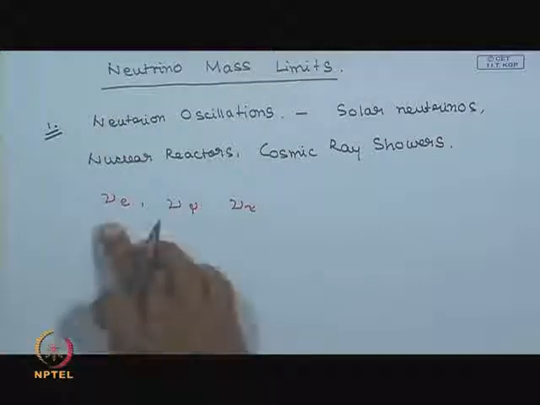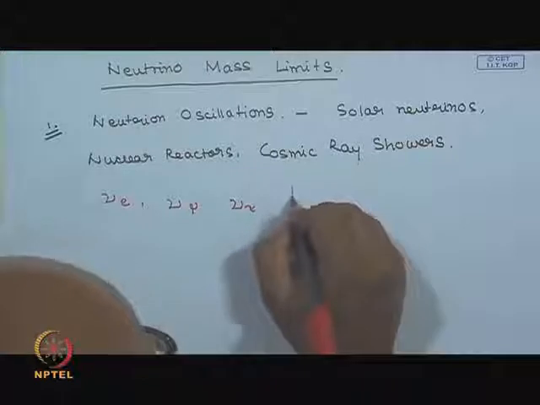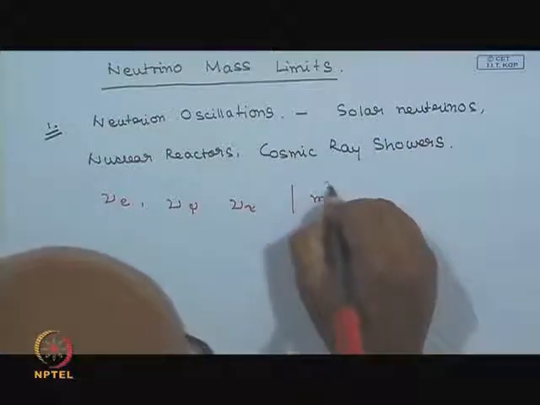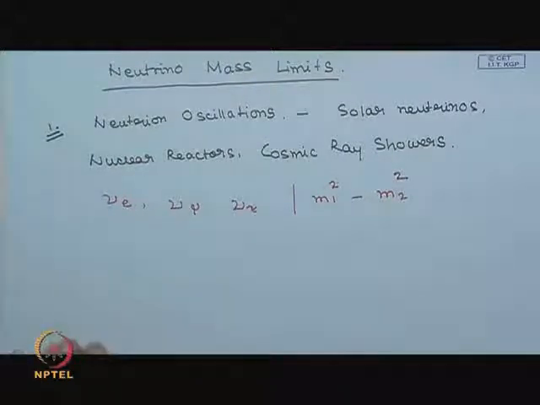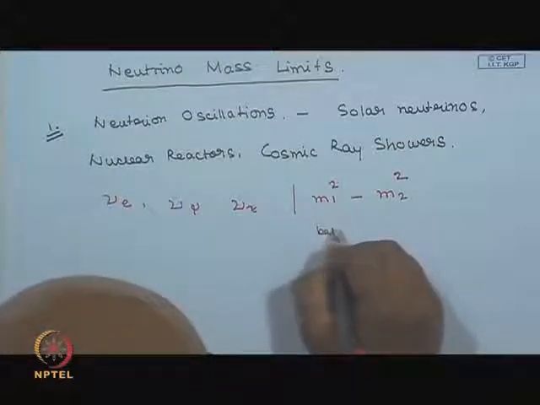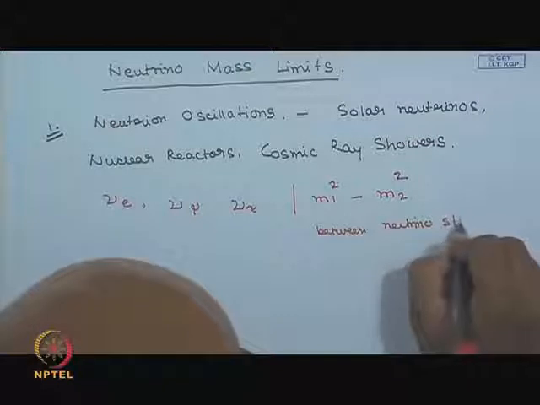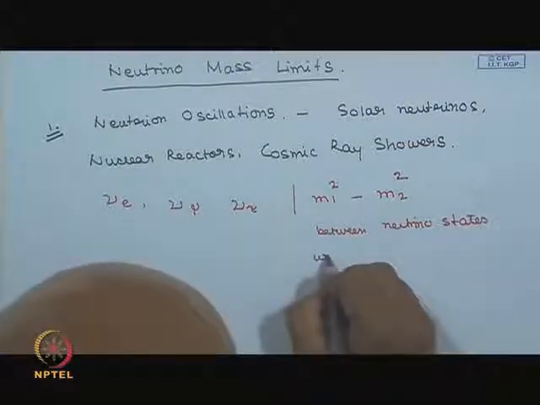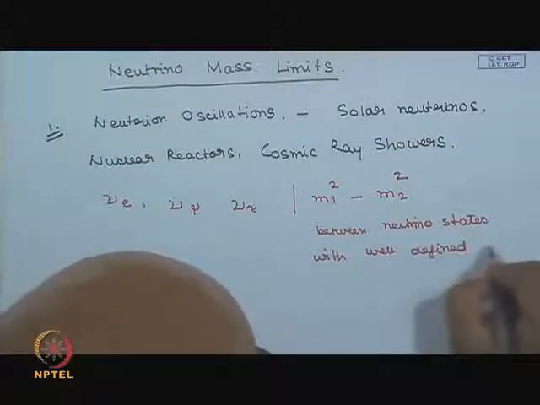The observation of these oscillations imposes limits on the mass difference between the neutrino states with well defined mass.